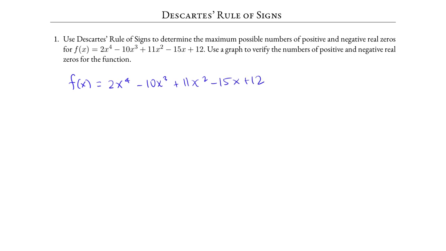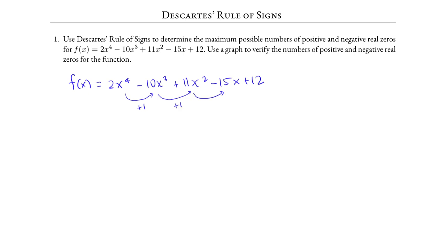This is already written in descending order of the power. From the leading term to the next term, the sign changed, so we have one variation. And then to the next term, the sign changed from negative to positive, so we have another variation.